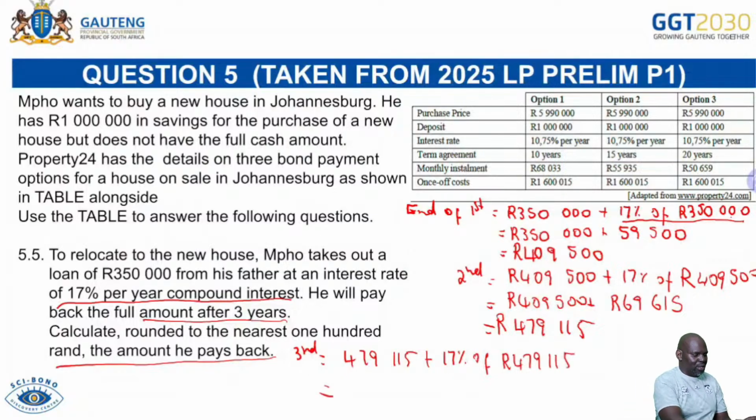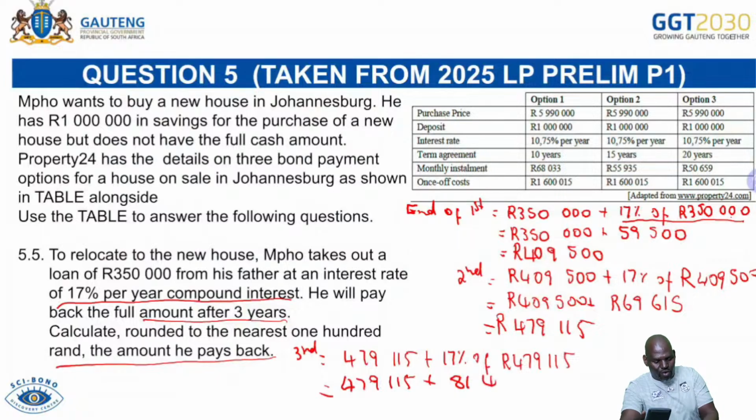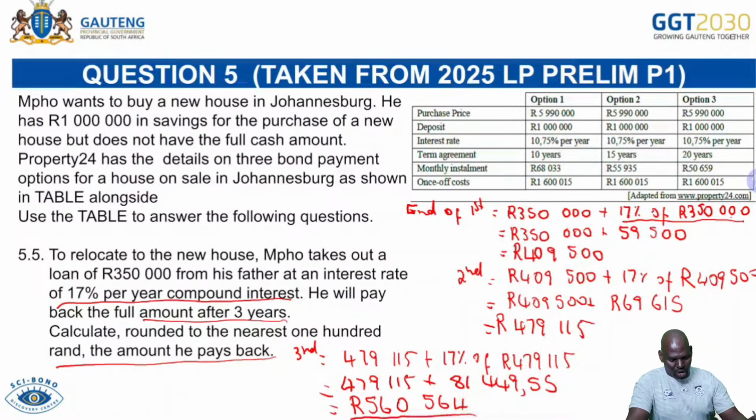Then I calculate the 17%. 17% will give me 81,449.55, so it's 479,115 plus 81,449.55, and in the end I get 560,564. Okay, so this is the answer.